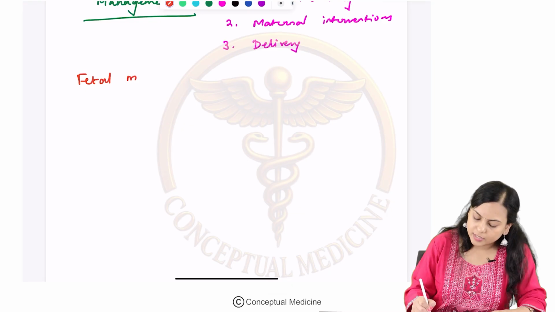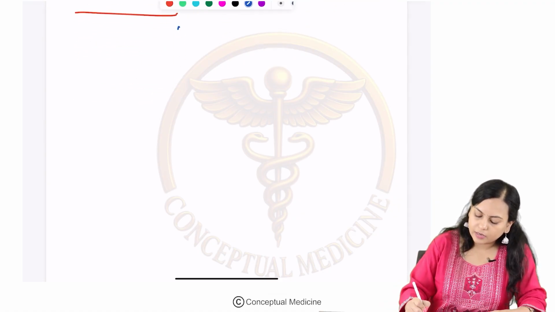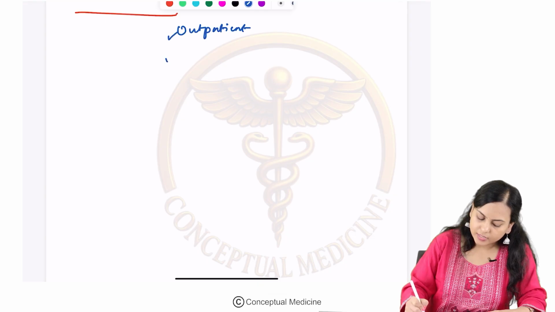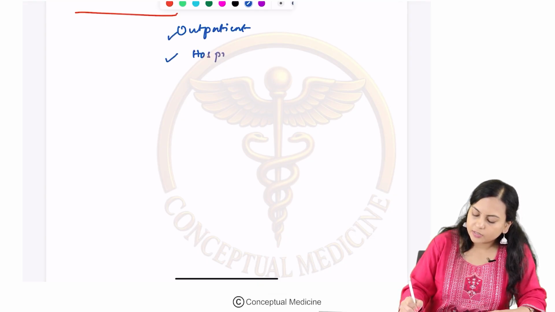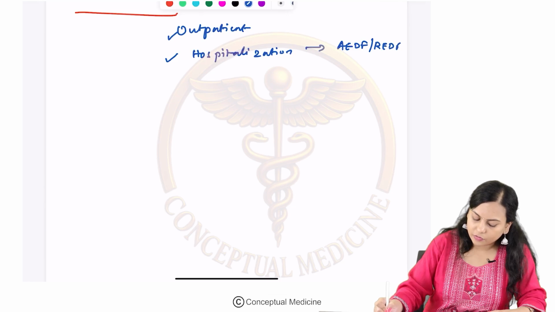So what is needed here? Mostly fetal monitoring can be done with outpatient management itself, and hospitalization is considered only when there is absent end-diastolic flow or reversed end-diastolic flow, and if there is a need for daily BPP.